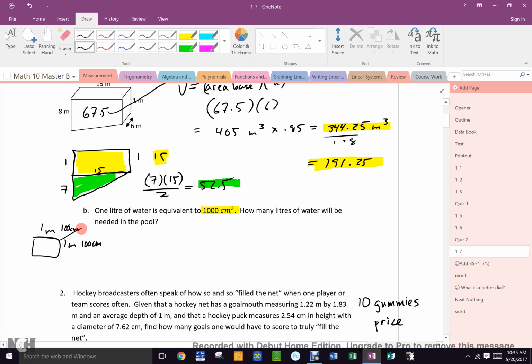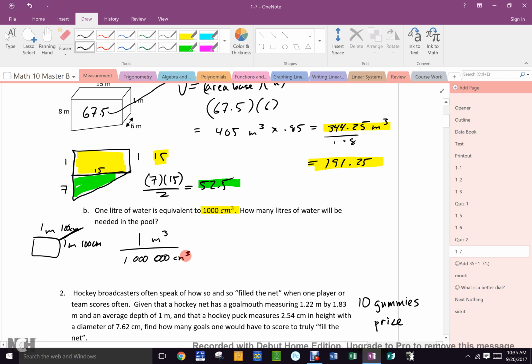Well, if I make it a meter cubed, don't I have to multiply it by another 100? So, wake up. 1 meter cubed is 1 million centimeters cubed, right?